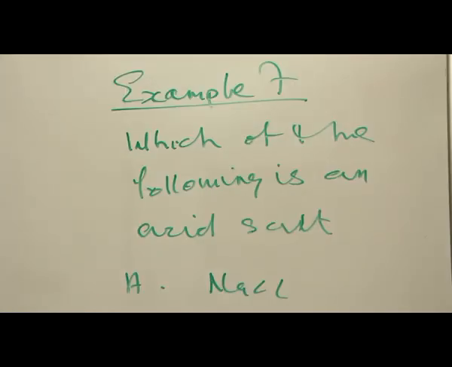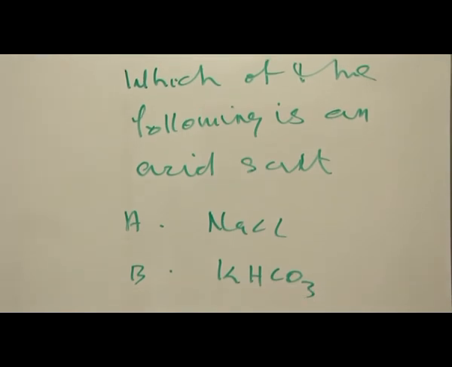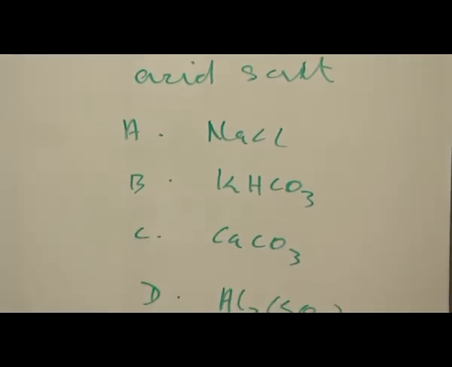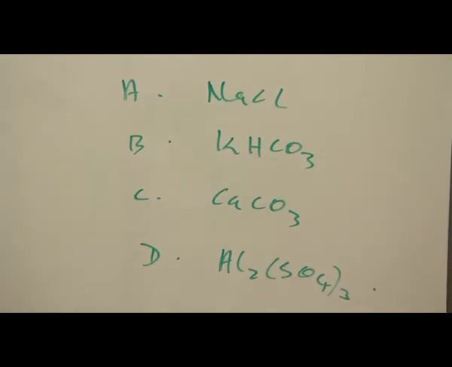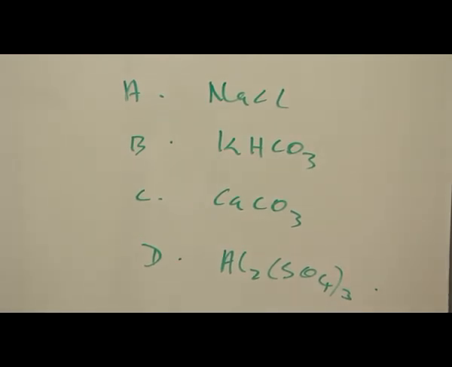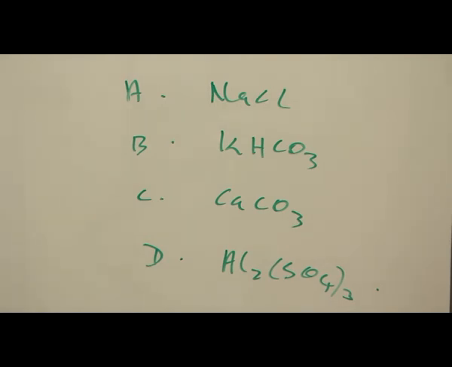Example 7. Which of the following is an acid salt? A. Sodium chloride. B. Potassium hydrogen trioxocarbonate 4. C. Calcium trioxocarbonate 4. And D. Aluminium tetraoxosulfate 6. Let's individually consider these options. A. Sodium chloride.